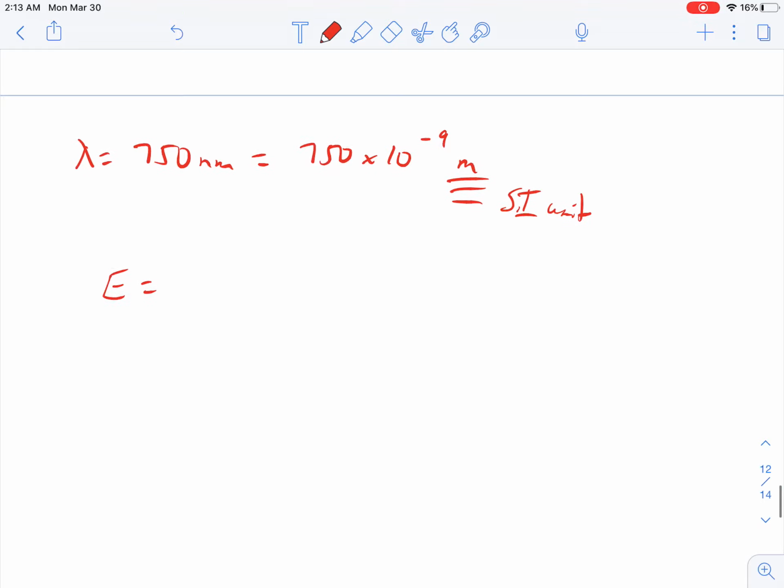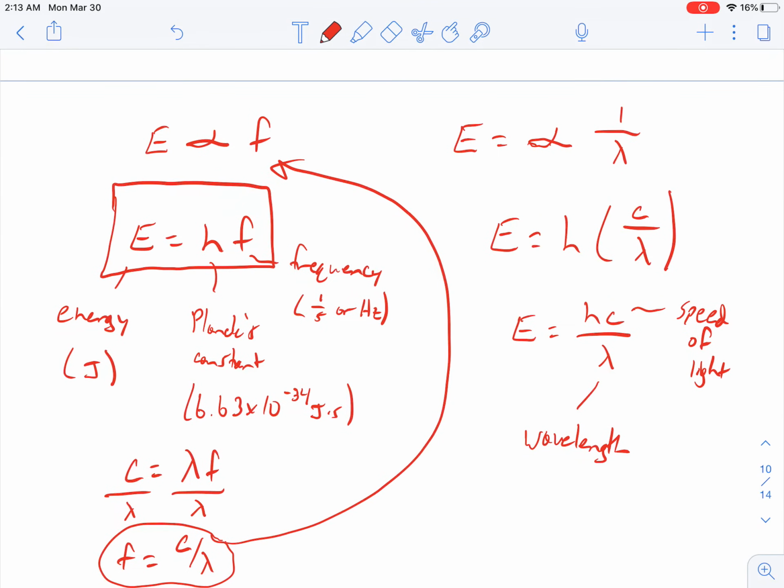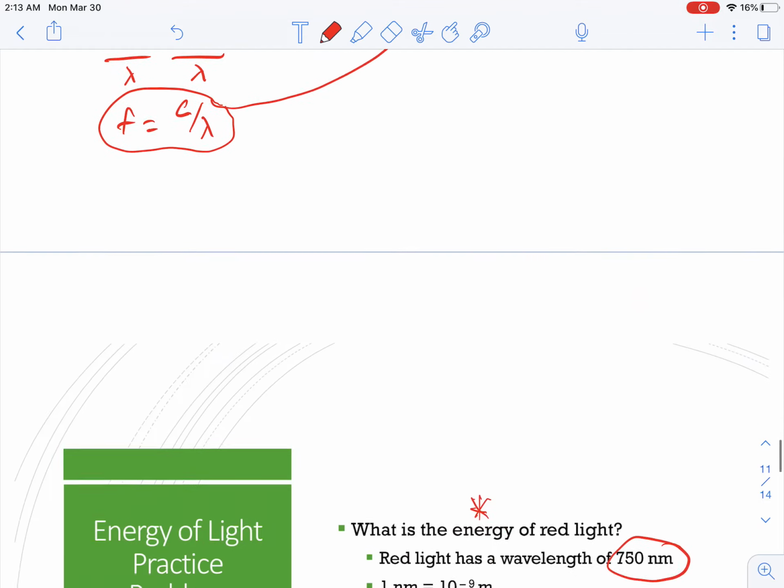Because this question gives us a value in terms of our wavelength, it's much easier to use our second equation that we've derived up here. Our energy is equal to hc over lambda.